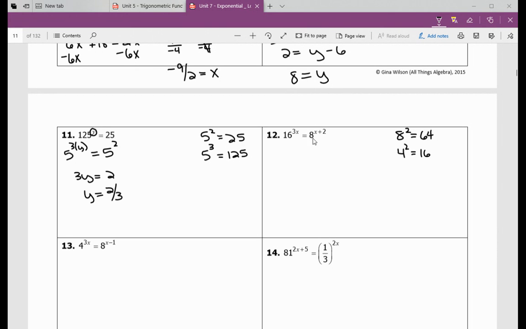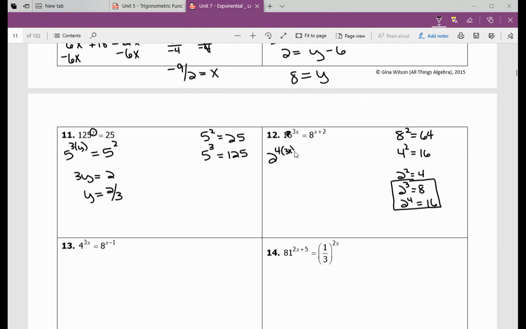Both of these are 2's. 2 squared is 4. 2 to the third is 8. And 2 to the fourth will give you 16. So I had to go all the way back to a base 2 number to get these to the same base. So 2 to the fourth replaces 16.